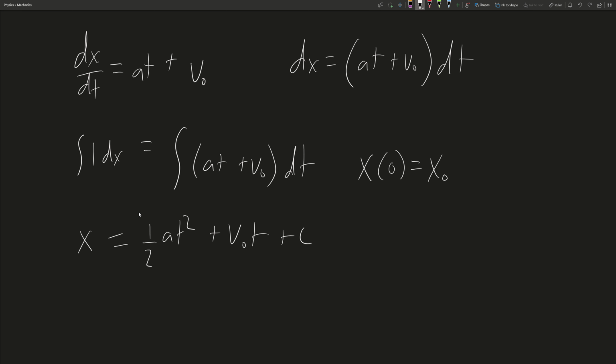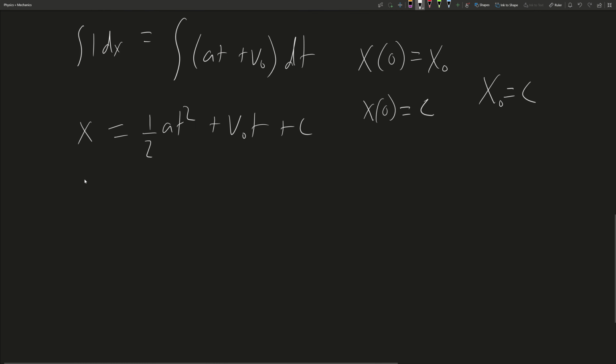And when t is 0, these two terms cancel out since they're multiplied by 0. So that means x of 0 is equal to c, which is the initial position. And that gives us our last kinematic equation: the position is equal to 1/2 at squared plus v0t plus x of 0.